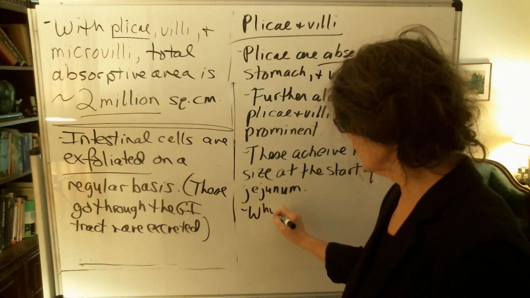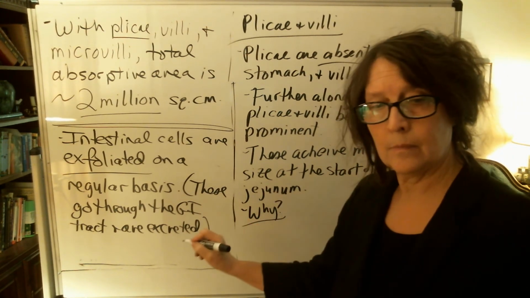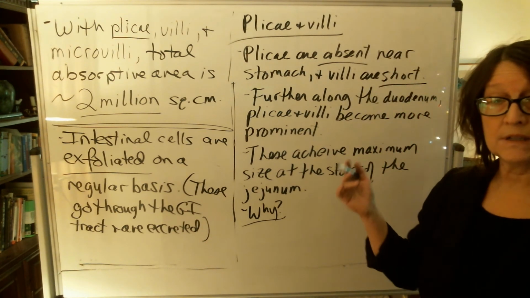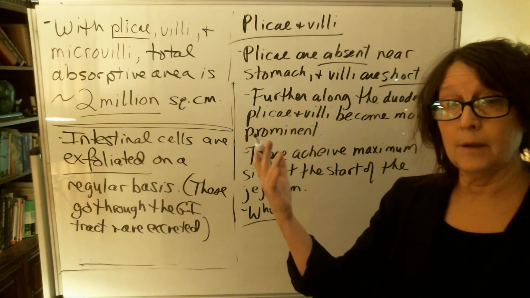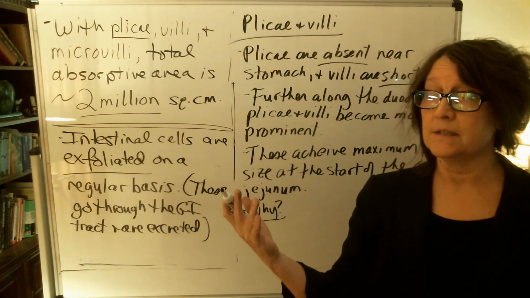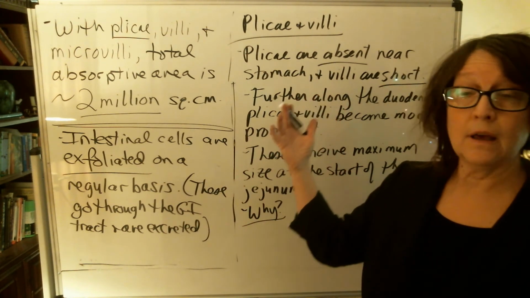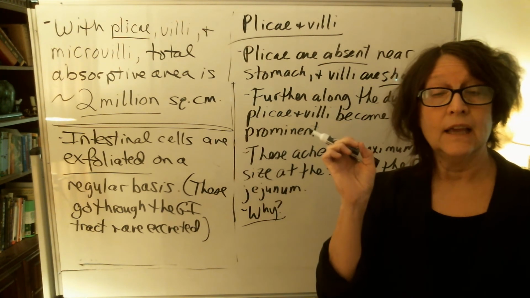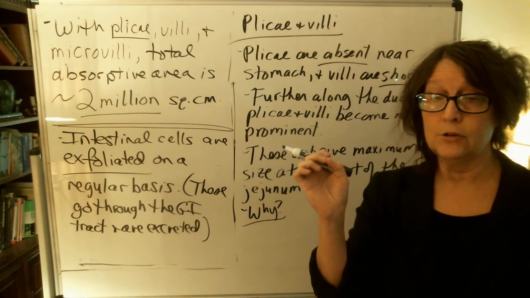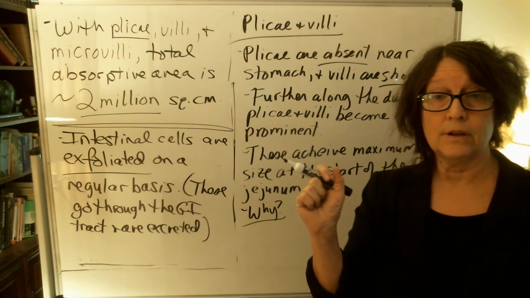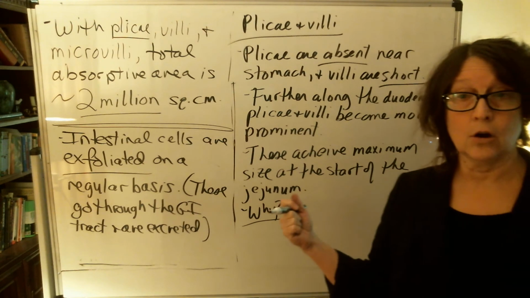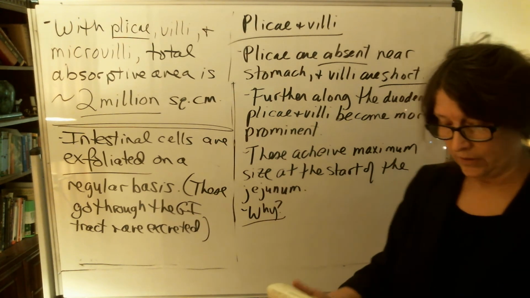So what's going on with this? It makes sense when you think about it. So we have the chyme coming out of the stomach. It's highly acidic. Why would you want a lot of surface area exposed to acid? On the other hand, as the nutrients in the chyme get broken down into absorbable units, then you need to kick in the architecture that has to do with absorption.